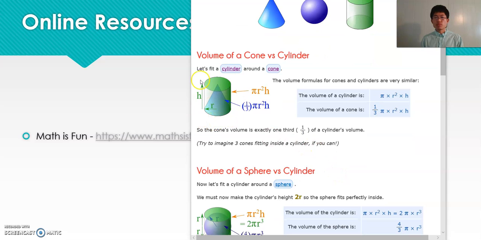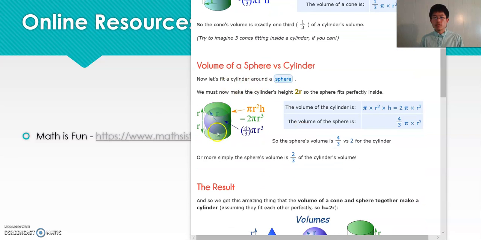See, for example, the cone and cylinder have the same radius, same height, and looking at the volume, it's pi r squared h, with h as the height, and 1/3 of pi r squared times h. Pi r squared is the base area, the area of a circle, pi times radius squared. And comparing those, it's 1/3.